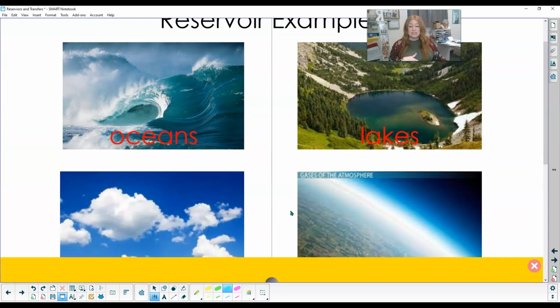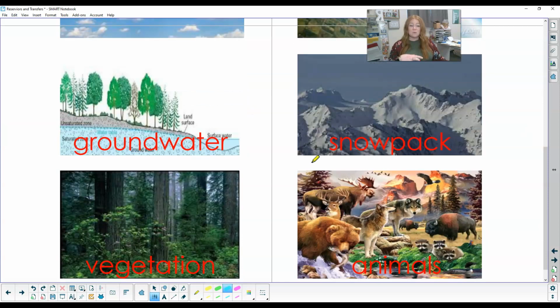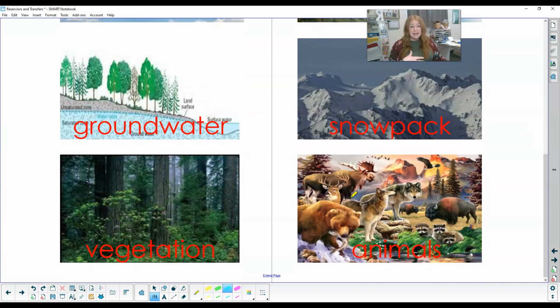So in oceans, lakes, clouds, in the atmosphere, in the groundwater, snowpack, vegetation, animals, in you, we are, and all of these examples are storing the water. So they are storing that energy. They have potential energy.